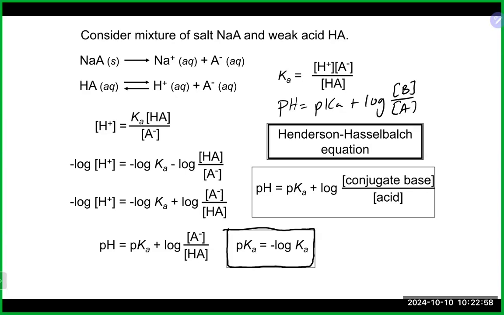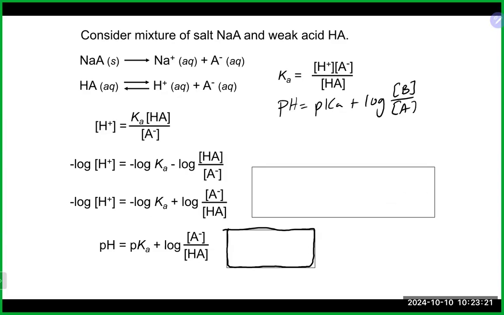We're going to talk more about buffers in just a second. If it is not that situation, you definitely should not use it. That, again, is a very big problem people have. They just pop it in, like, I got two numbers, perfect, let's just go into this equation and calculate the pH. You cannot just randomly use it. You have to use it in the appropriate situation.